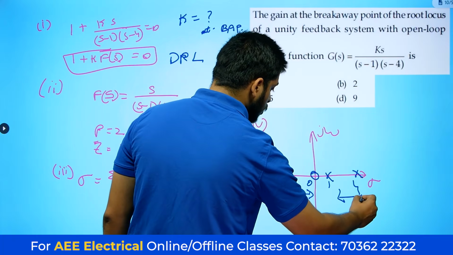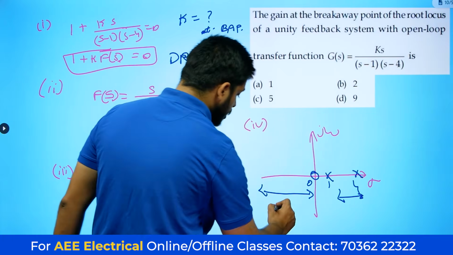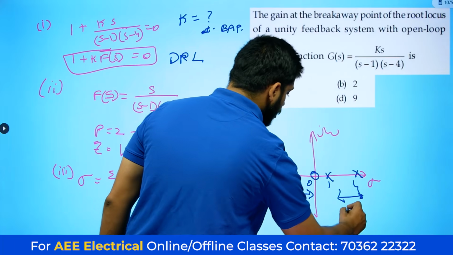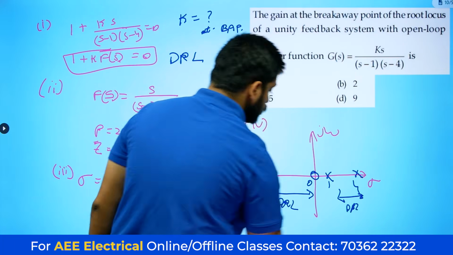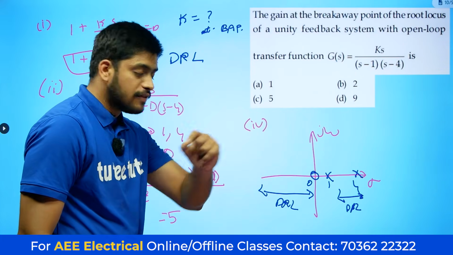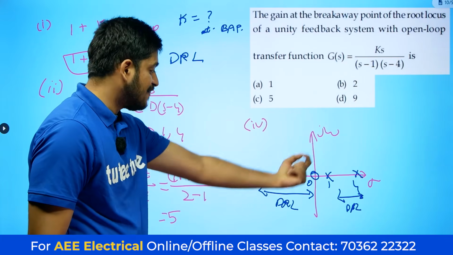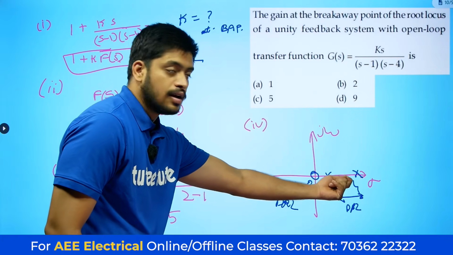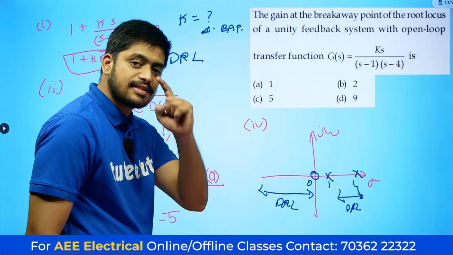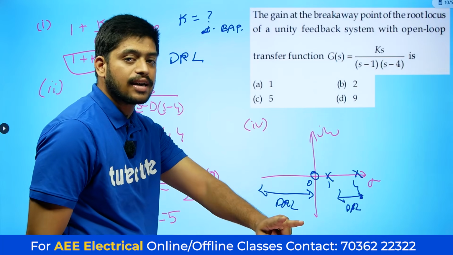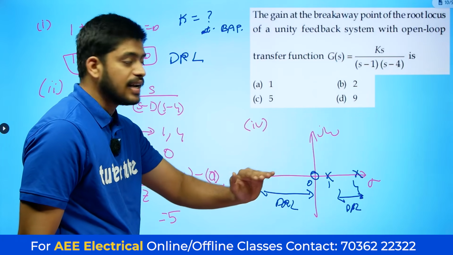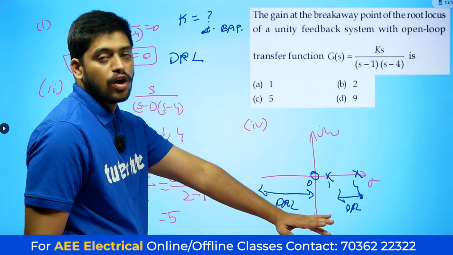So here DRL and here also DRL. Whatever breakpoint we find in the further steps, if it lies in these particular areas, then it is a valid breakpoint and there we can find the gain K. Else, we need not find the gain K. If no value is there, then we are not going to get the gain.